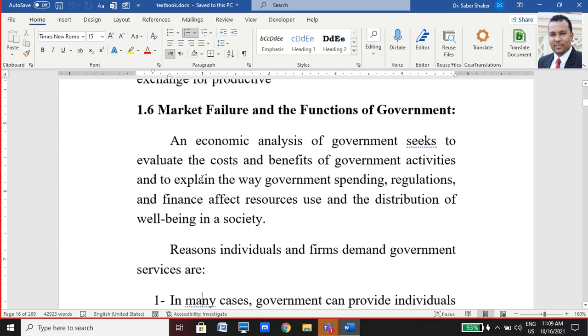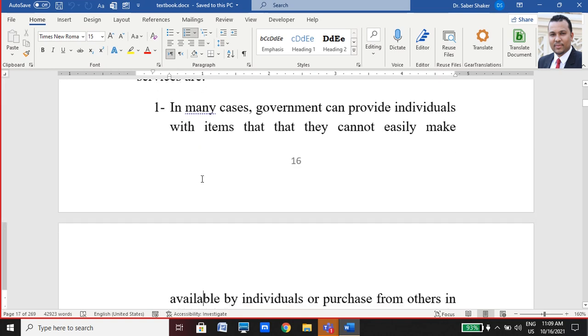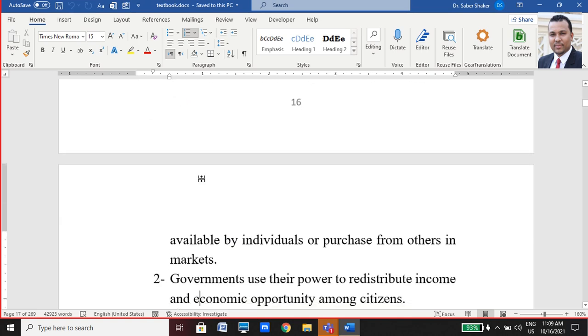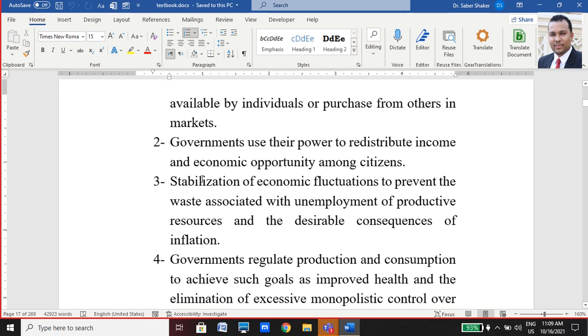In many cases the government can provide individuals with items that they cannot easily make available themselves. So in general, the government can provide goods and services that the private sector cannot produce. The government uses its power to redistribute income and economic opportunity among citizens.